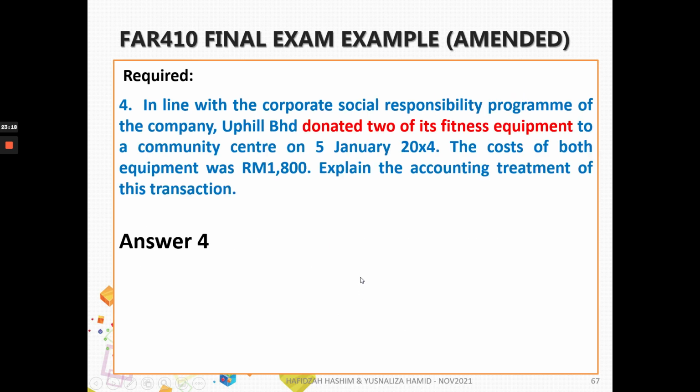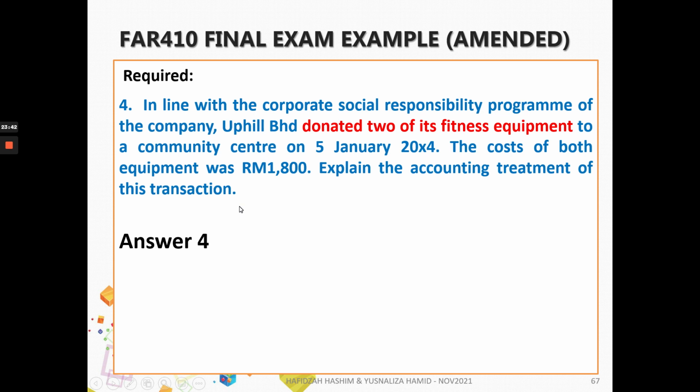The last part of the question is in line with corporate social responsibility. The company donated the equipment maybe to a school, an orphanage or a community center. Here it is a community center, on 5th of January. The cost of the equipment was 1,008. So it is no longer an inventory.